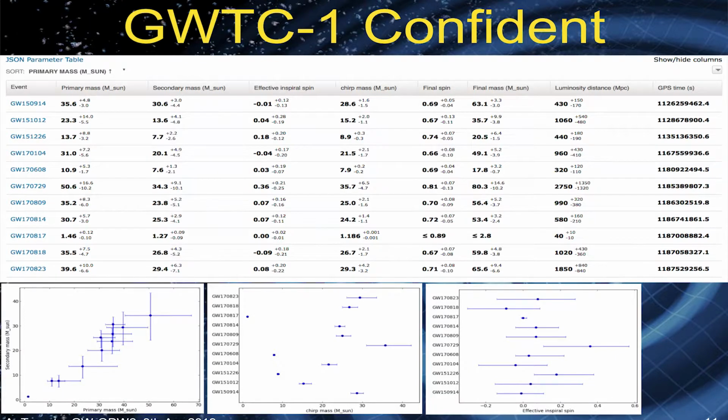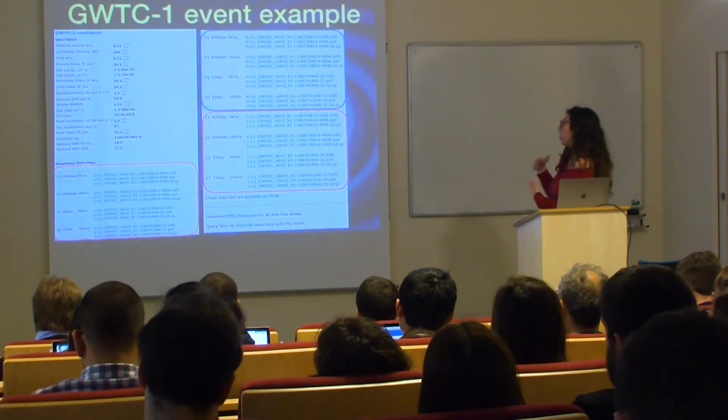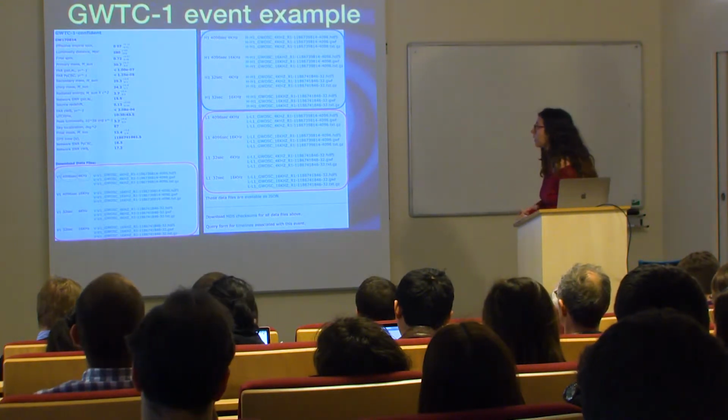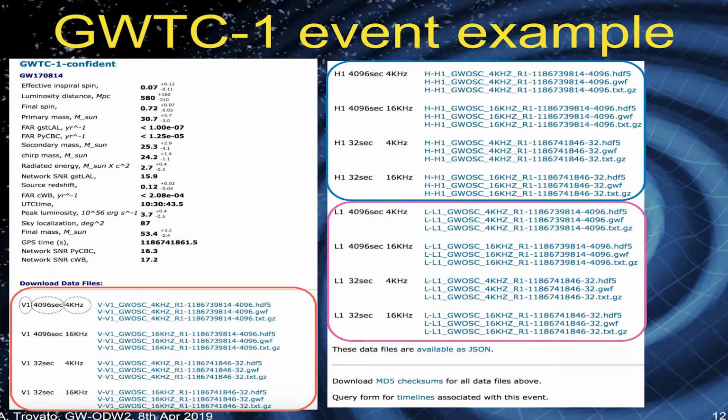You will end up on a page like this. In this case, it was the 14th of August of 2017. It was a triple detection. So at the beginning of the page you have the important information about the source, so the luminosity distance, the masses, and about the detection, so the false alarm rate, the SNR with which it was detected, and so on.